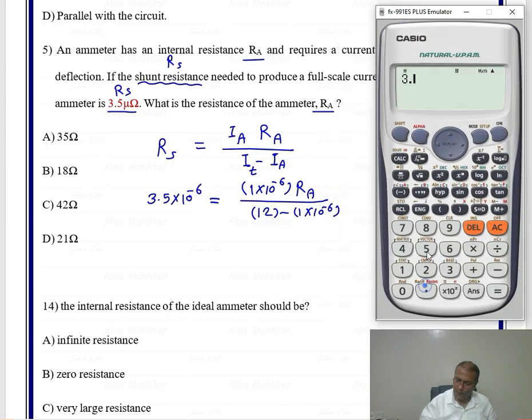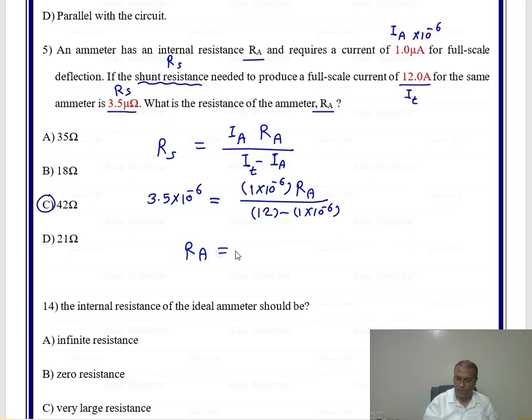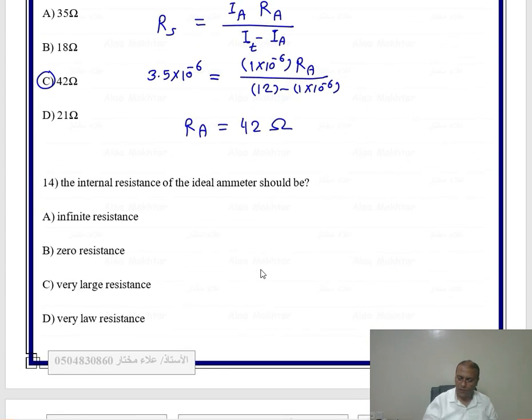Shift solve: 3.5 times 10 to negative 6 equals the fraction 1 times 10 to negative 6 times unknown over 12 minus 1 times 10 to negative 6. Shift solve equals 41.9. We can consider it 42. R ammeter equals 42 ohms. The internal resistance of an ideal ammeter equals zero.